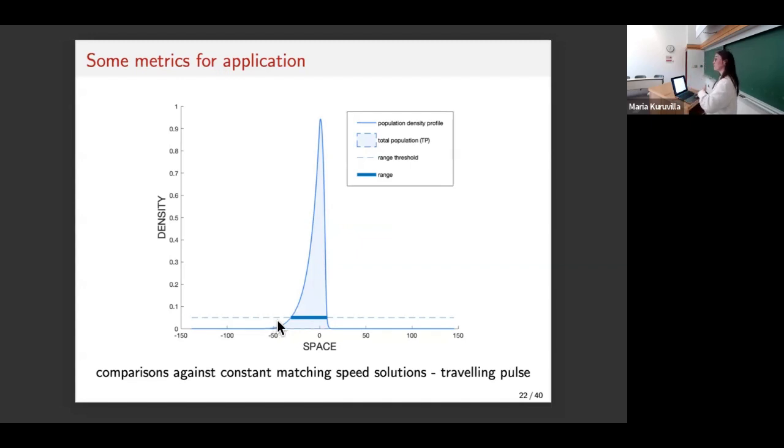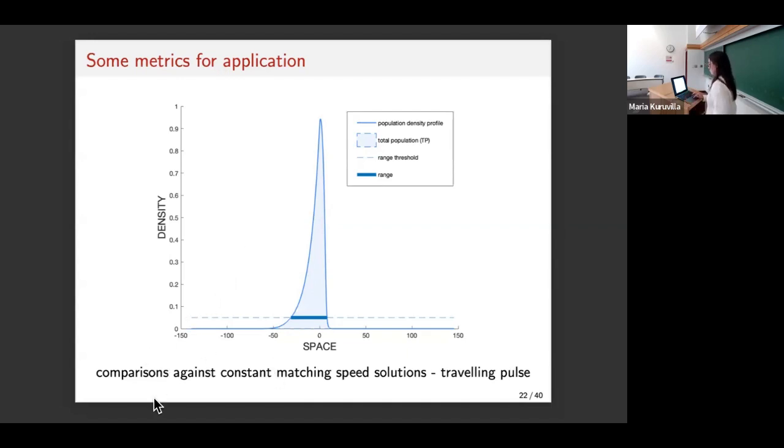So this would be the range threshold. And then the range is the largest interval in which the population profile exceeds that threshold. I'm going to use these to define my metrics, or to make inference and understand my systems and why they do what they do.